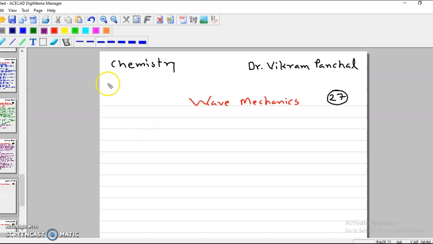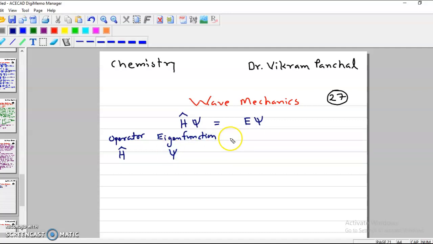Now Schrodinger's wave equation is also written as Hamiltonian operator H psi is equal to E psi, where psi remains the psi, that means this eigenfunction. And here, what is operator? Operator is H, Hamiltonian operator, and for that eigenfunction will be psi.